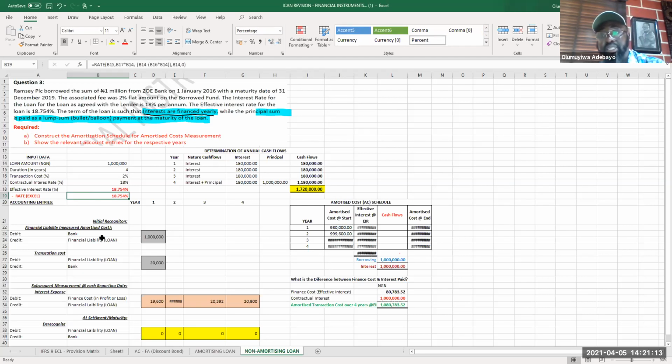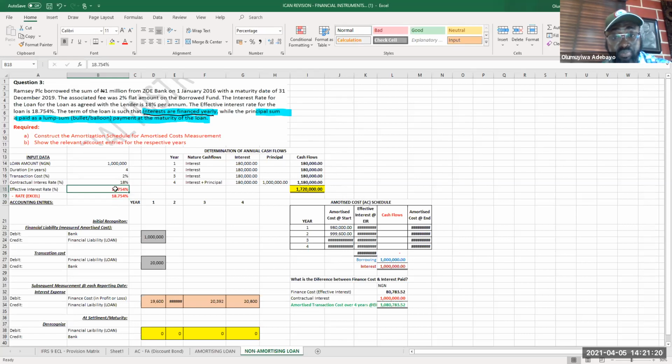Can you see how we got the 18.74 that they gave us? If I don't want to use that, I can also use Goal Seek. If I want to use Goal Seek, I need a discount factor.